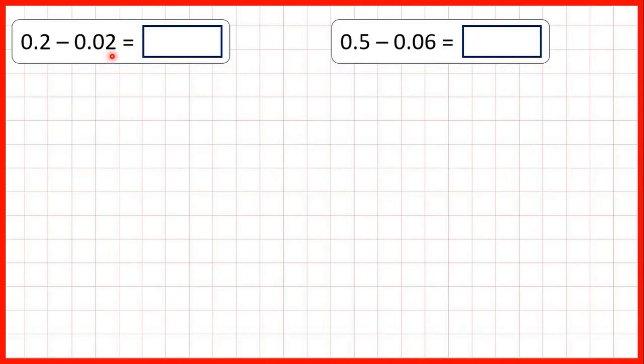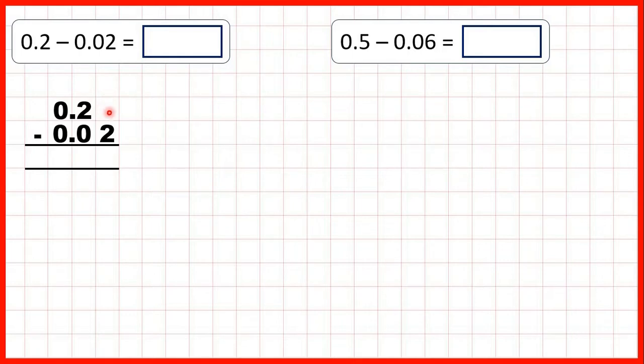Now we're subtracting hundredths from tenths. So first we have 0.2 minus 0.02. We can write this out as a column subtraction, making sure that the numbers are written out with the decimal points lined up, because if the decimal points are lined up, then the ones, tenths and hundredths columns will be lined up as well.